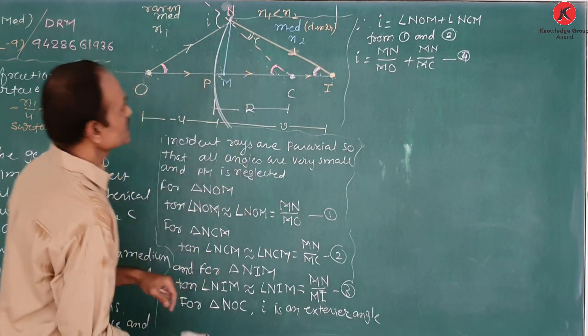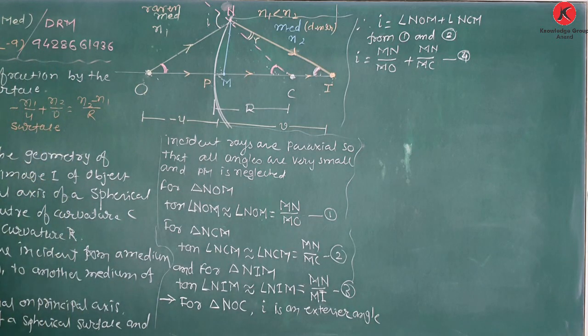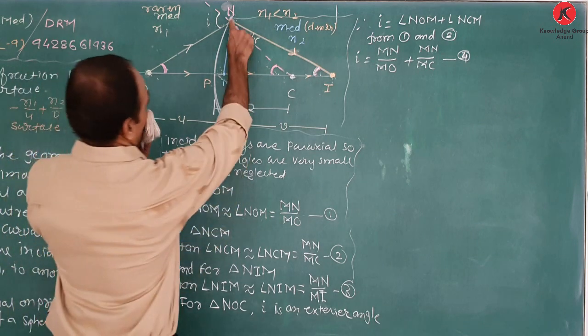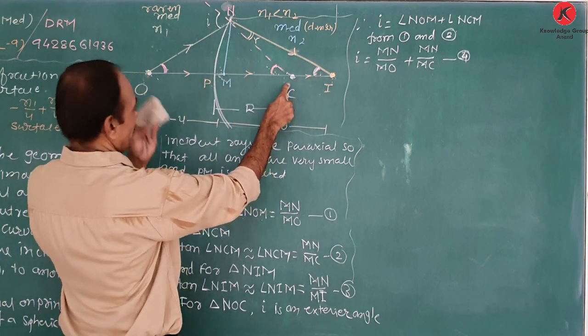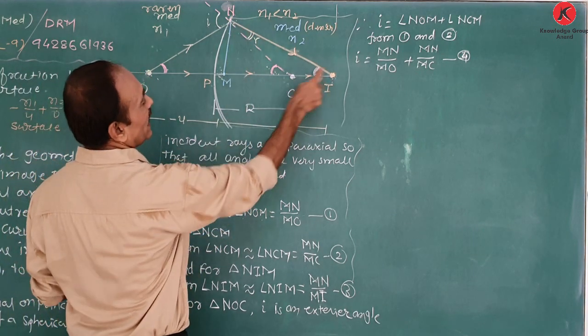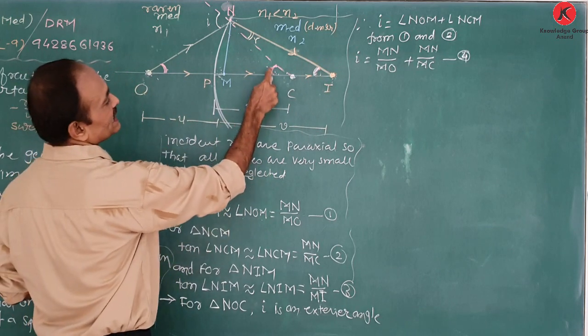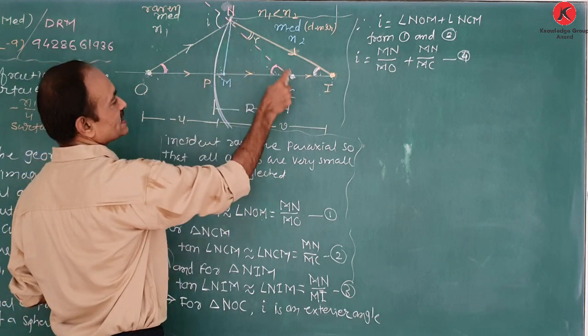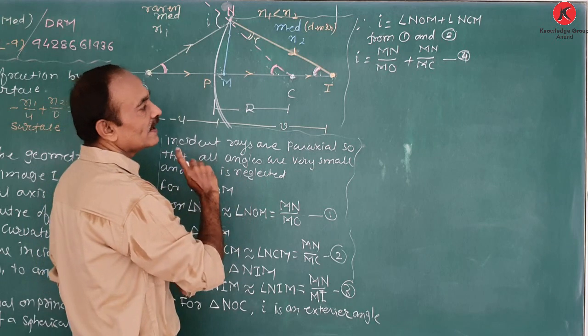For that purpose, here we consider another triangle, NIC. For triangle NIC, this angle NCM is an exterior angle.